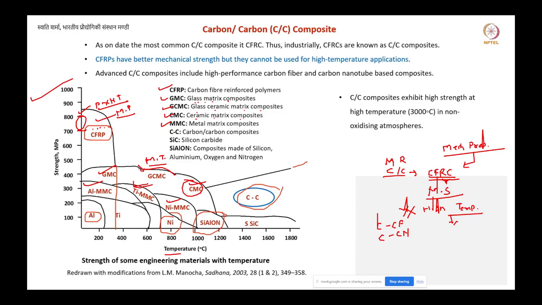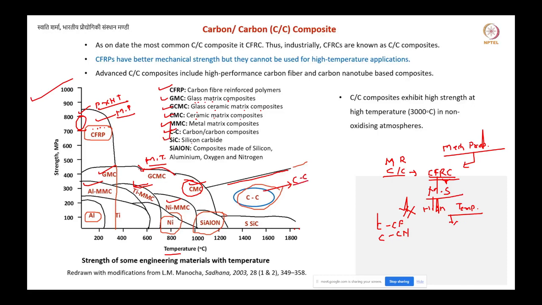In the nickel, the strength is not good, but you can expose it to a higher temperature. After that, it will come to carbon-carbon composite. The carbon-carbon composite is saying that the strength is fairly good, as you can see, and also it can go to the higher temperature. That's why this carbon-carbon composite is very well used nowadays.